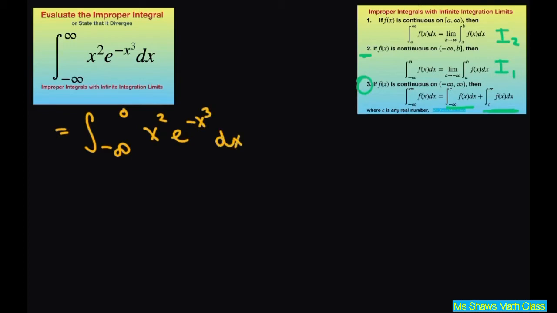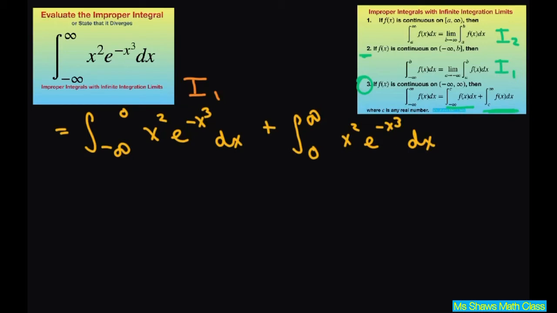That's going to be integral 1. And then for integral 2, we're going to write plus the integral from 0 to infinity of x squared e to the power of negative x cubed dx.